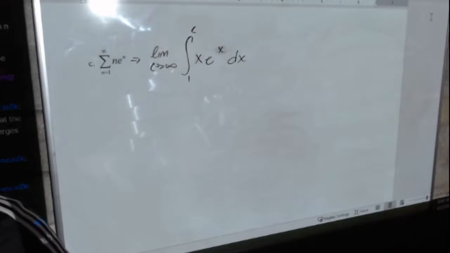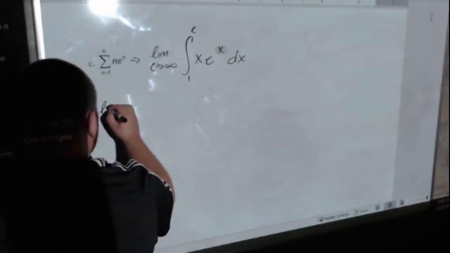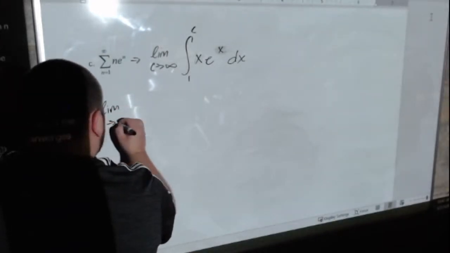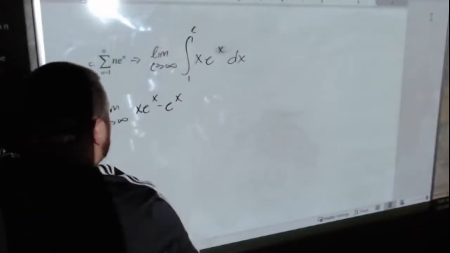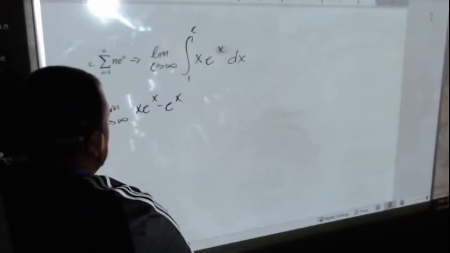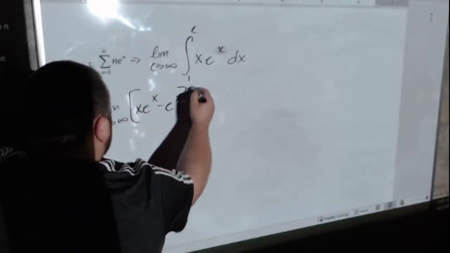So that's integration by parts. We've done that quite a few times now. We would get x e to the x minus e to the x out of that, evaluated from 1 to c.